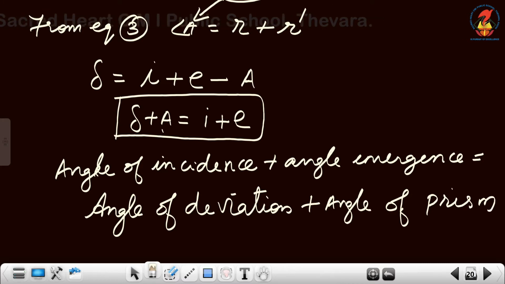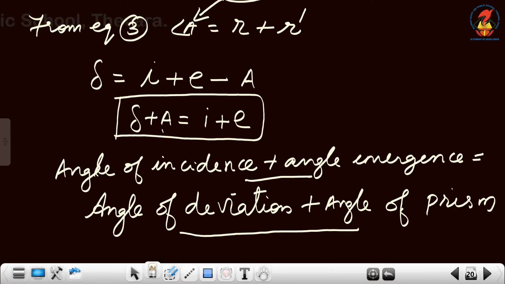That is, the sum of angle of incidence and angle of emergence is equal to the sum of angle of deviation and angle of prism.